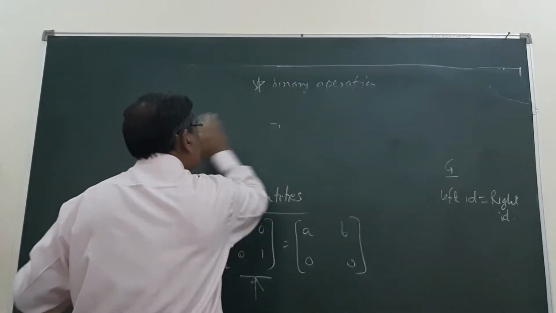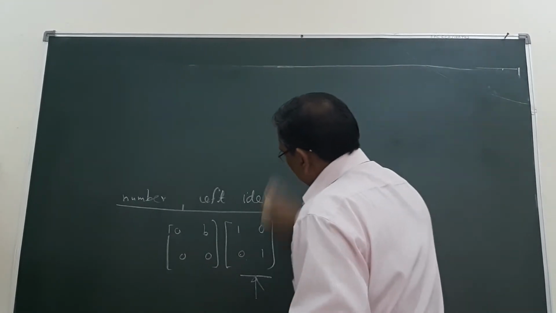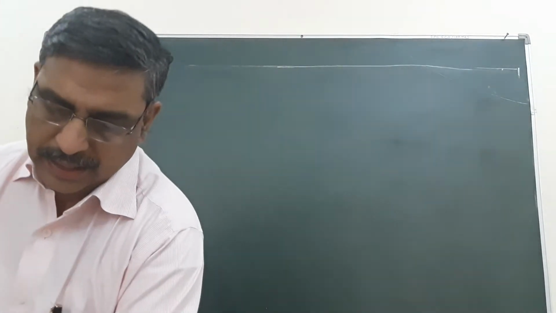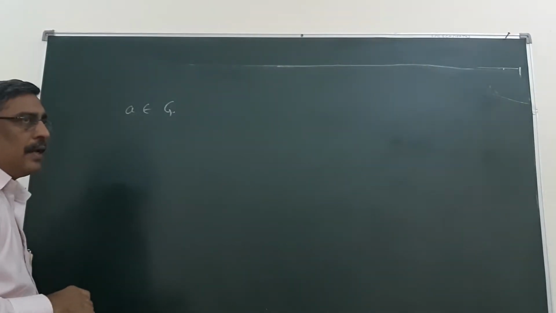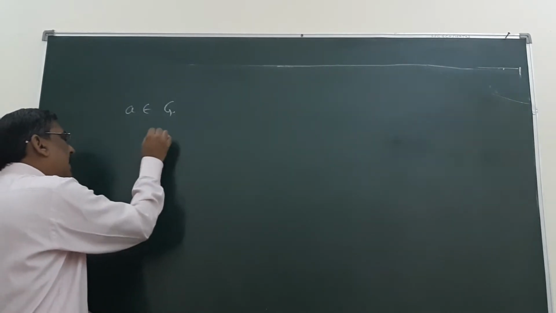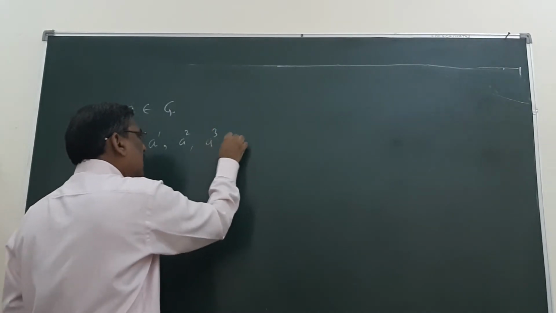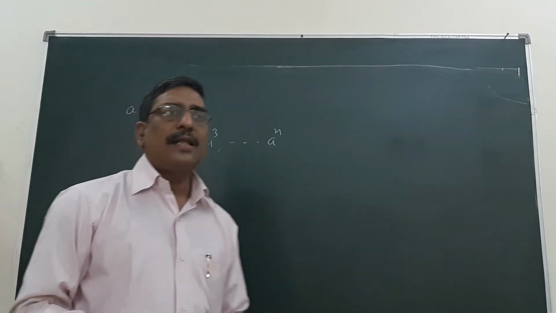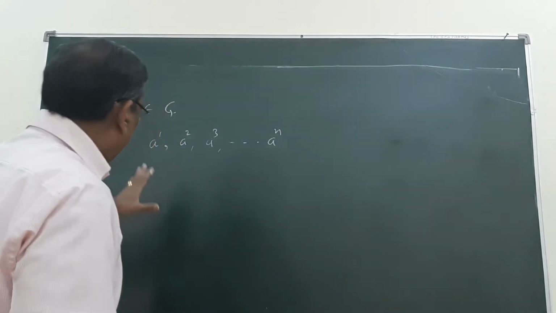Now let us define some more things about the group. Integral power of an element of a group. Say a belongs to G, where G is a group. Then the integral powers a^1, a^2, a^3, up to a^n, where n may take any value, are the integral powers of an element in a group.